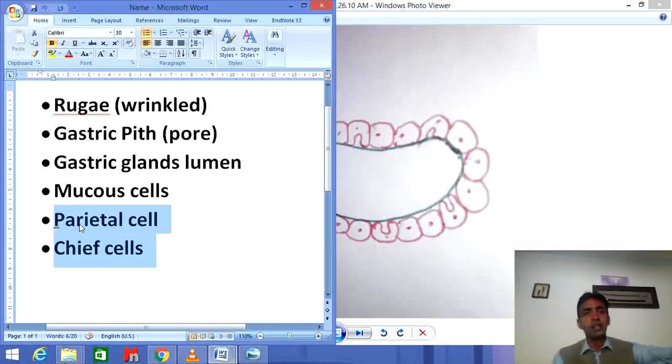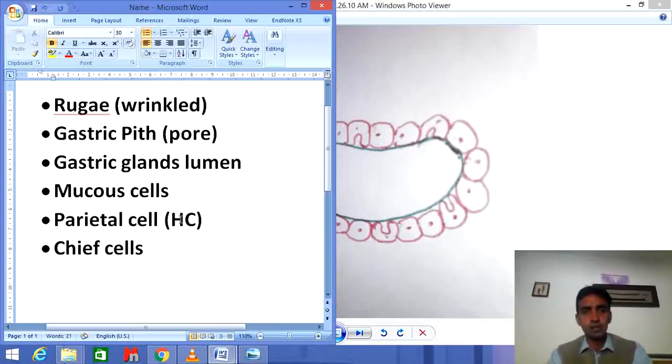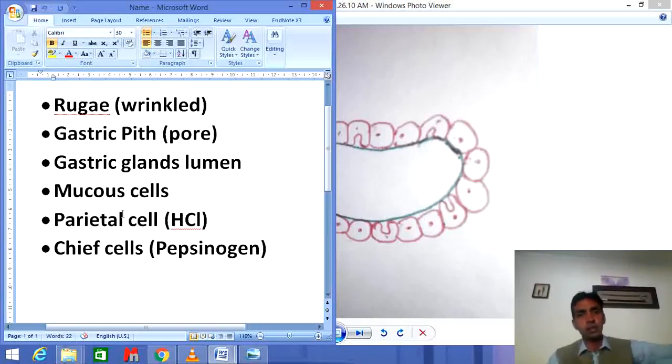The chief cell is responsible for the production of pepsinogen. The parietal cell is responsible for the production of HCl and intrinsic factor, a type of glycoprotein.